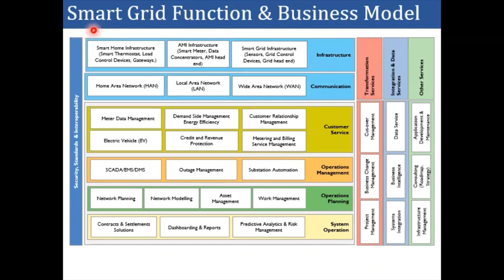Now let's see the other blended functional and business model, where the functional as well as the business layers are merged together, because the business model cannot exist in the smart grid without the functional layer. Business is developed on top of the functional layer, where the data is processed by the functional layer and further refined for business purposes by the business layer.